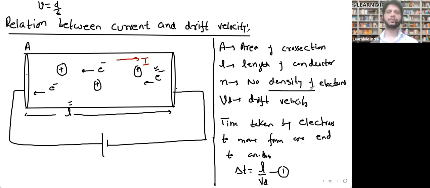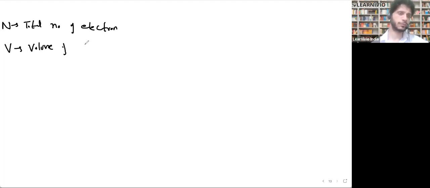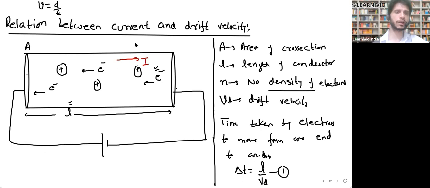Number density of electrons means number of electrons per unit volume. Capital N is total number of electrons in the conductor. V is volume of the conductor. Can you relate volume with length and area of cross section of the conductor? Length is given, area of cross section is given.